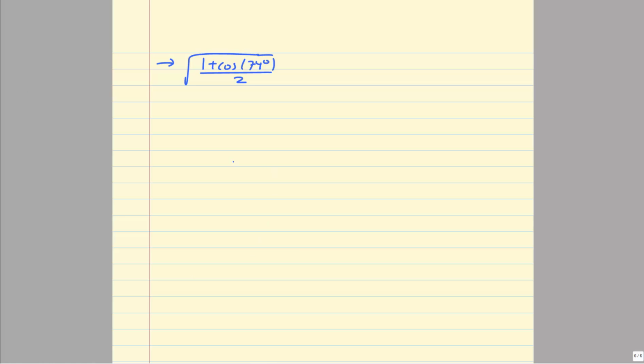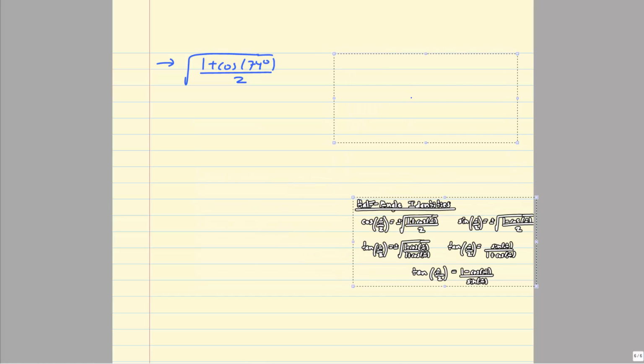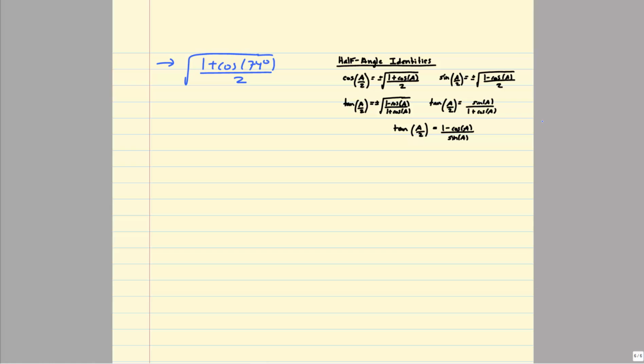Well, if we go ahead and pop our formulas in, this looks very familiar. This looks like 1 plus cosine. This looks like the cosine of alpha over 2, or a over 2. So the formula I'm going to use here is the cosine of a over 2 is equal to positive, because that's up here is positive, square root 1 plus the cosine of 74 degrees all over 2.